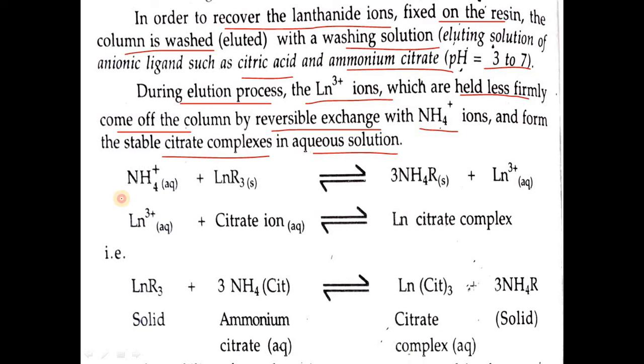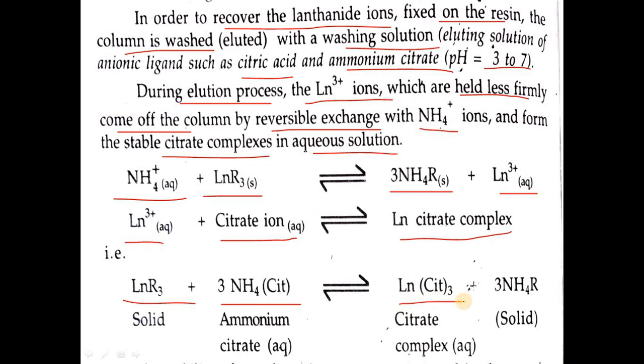In these reactions, NH4+ ions react with LnR3, we get 3NH4R solid, and Ln3+ is freely liberated. This Ln3+ combines with citrate ion, and we get the lanthanide citrate complex. So overall LnR3 combines with ammonium citrate, and we get the lanthanide citrate complex and 3NH4R solid.